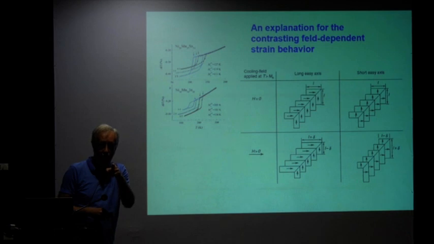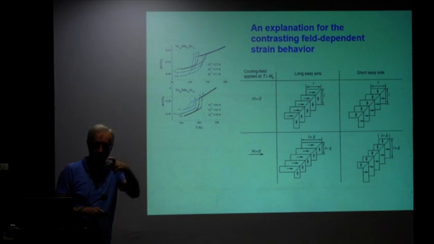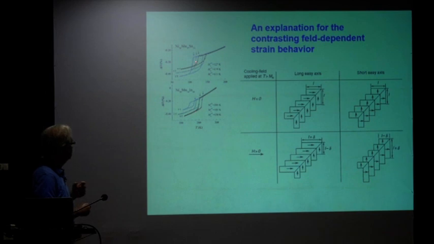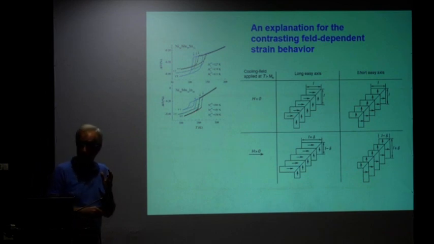And if you have a short axis along the field direction, the higher the field you apply, your sample will get shorter and shorter, and that will mean that the difference will get larger and larger. I think I explained that a little bit better now.